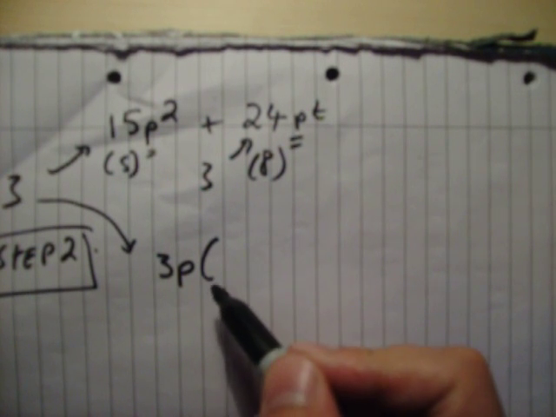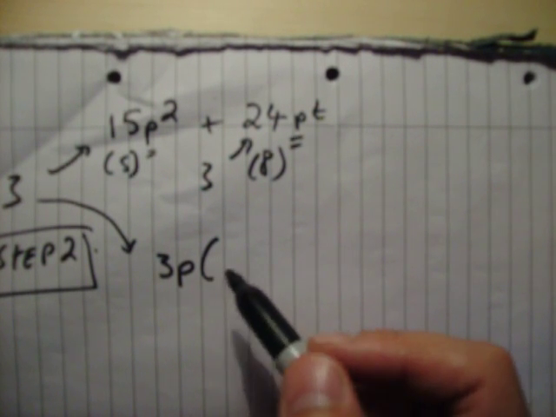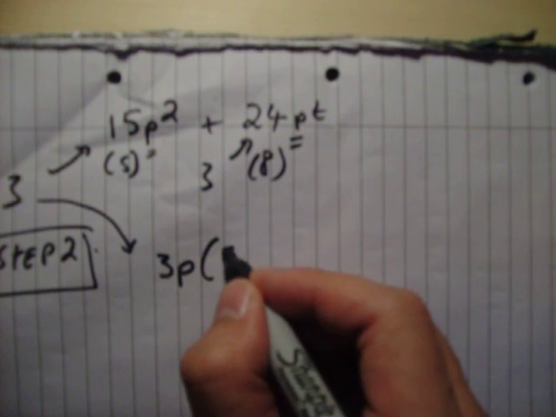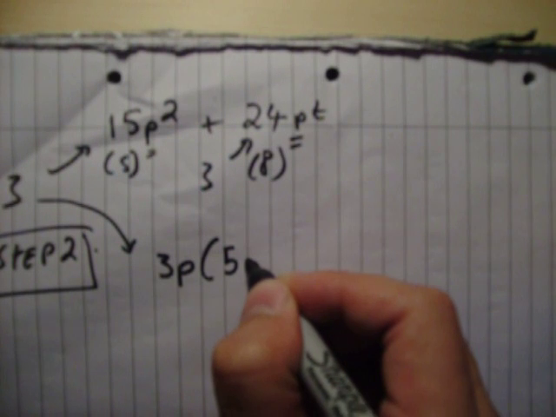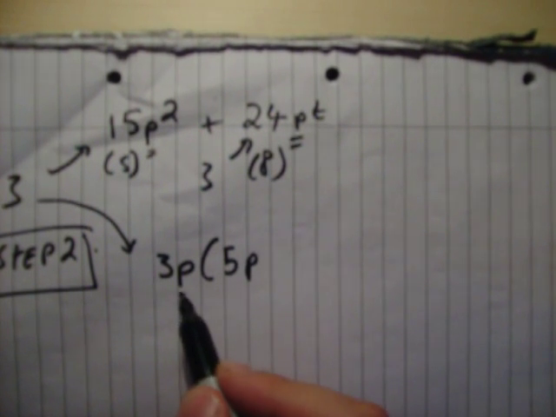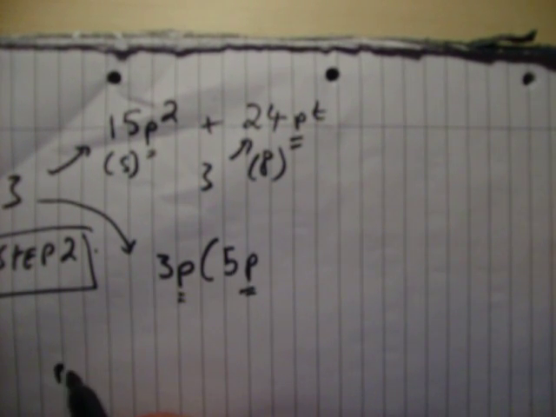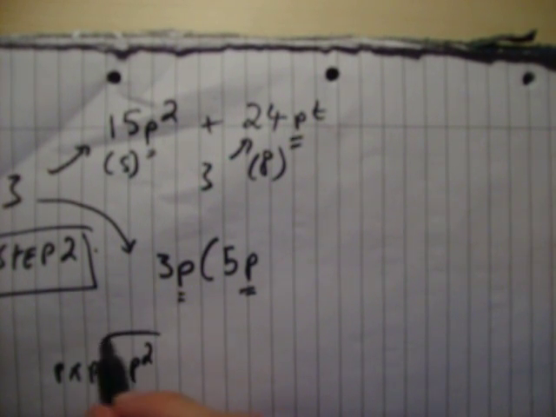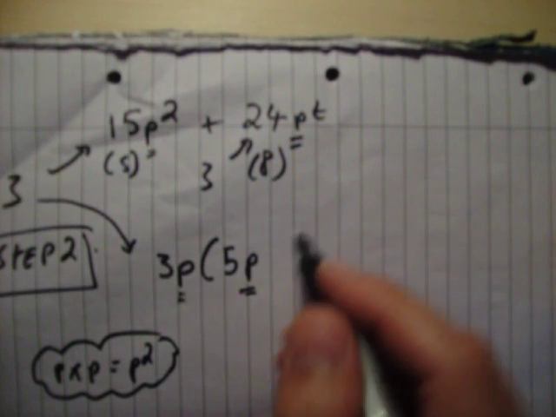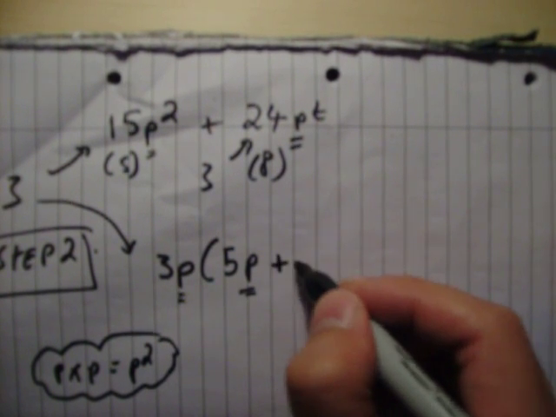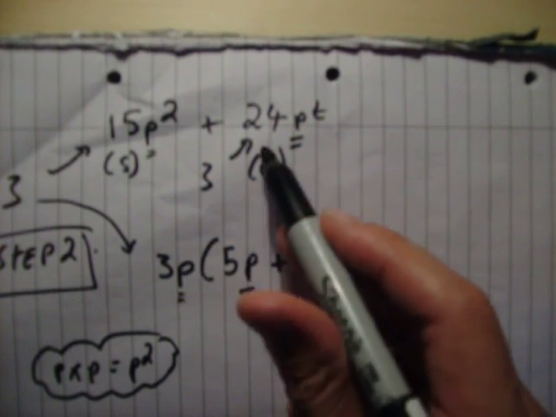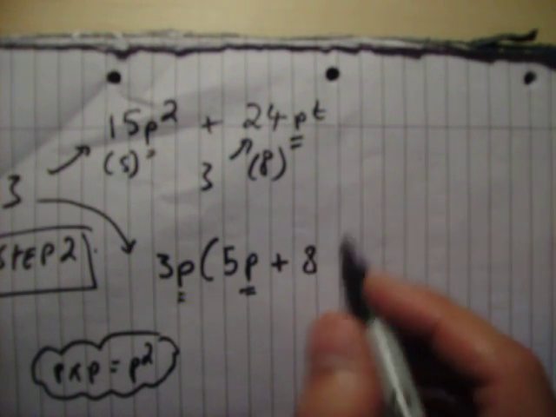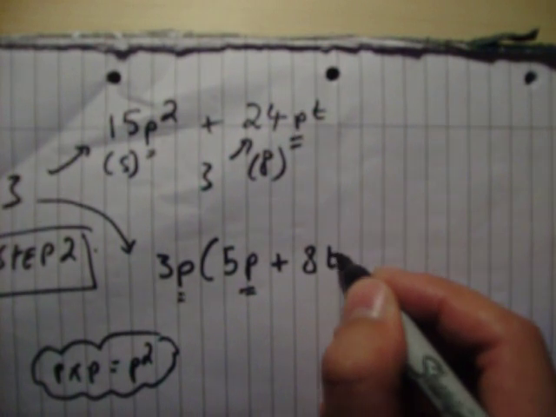Always remember, when there's a bracket, that means to multiply as well. So 3p goes into that 5p. I put the p there because p times p equals p squared. Plus 3 goes into 24 8. I already have a p there, so it's just t.